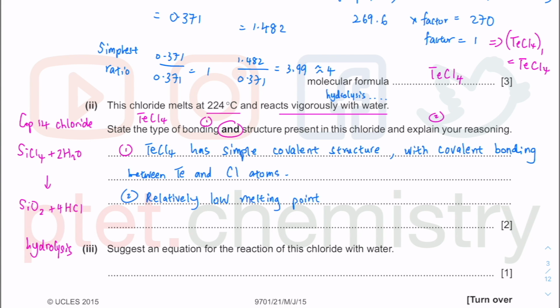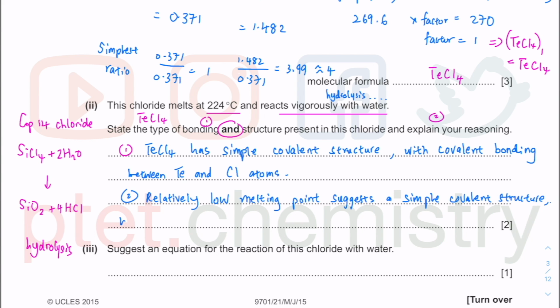So it is still a solid at room temperature and pressure because it hasn't melted at 25 degrees Celsius. Relatively low melting point suggests a simple covalent structure. Because if you have a giant structure, could be giant metallic, but it cannot be giant metallic because it's a compound, could be giant ionic or giant covalent, it will have extremely high melting and boiling points. So what are we breaking here?